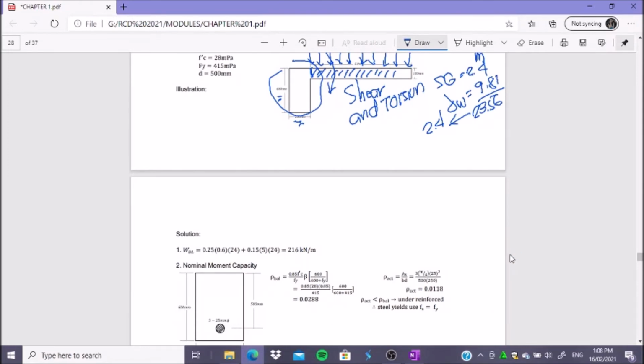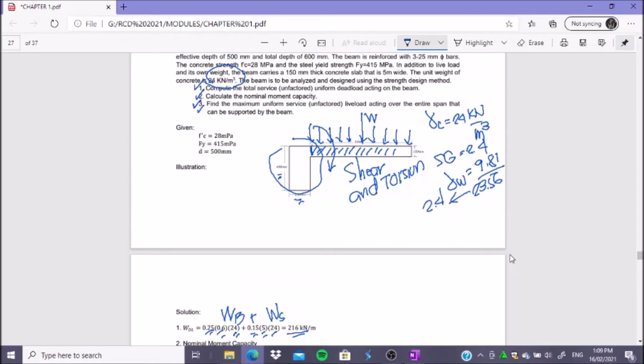So we have plus yung weight ng beam, so that is equal to 0.25 times 0.6 times 24. So this is now the weight ng beam. Then plus 0.15 times 5 times 24. That is yung weight ng slab. And you'll get the total. That is for number 1.